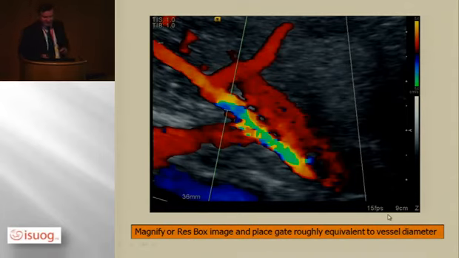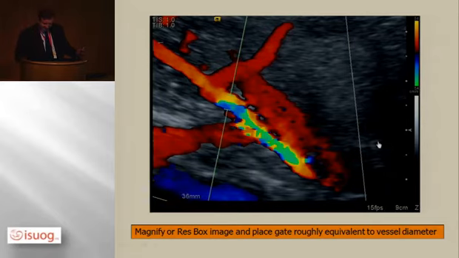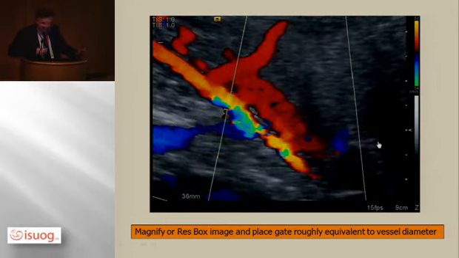The other thing is that very often you get a large expanse of baby or mother, and in fact the bit you're looking at, the bit between the Doppler gate, is about that big. So if you're going to look at vessels, measure peak velocities particularly, possibly even look at vessel diameters, please magnify up the image.